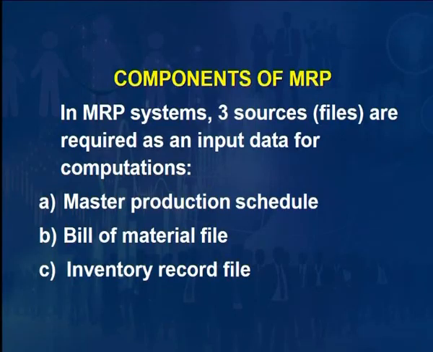Second is Bill of Materials. I will show you this on the slide also. So in MRP systems, three sources or files are required as input data for computations. Number one is Master Production Schedule, two is Bill of Materials file, and three is Inventory Record file. We will be discussing them one by one.